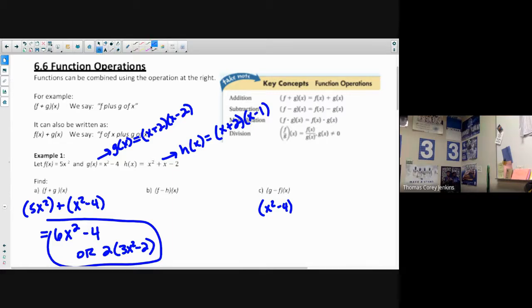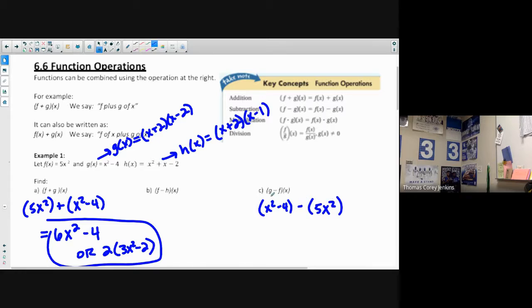So g of x is x squared minus 4, and f of x is 5x squared. All right, and just don't forget, this one's a little bit more obvious because there's only one term there, but if there are multiple terms that you're subtracting, you distribute that negative through.